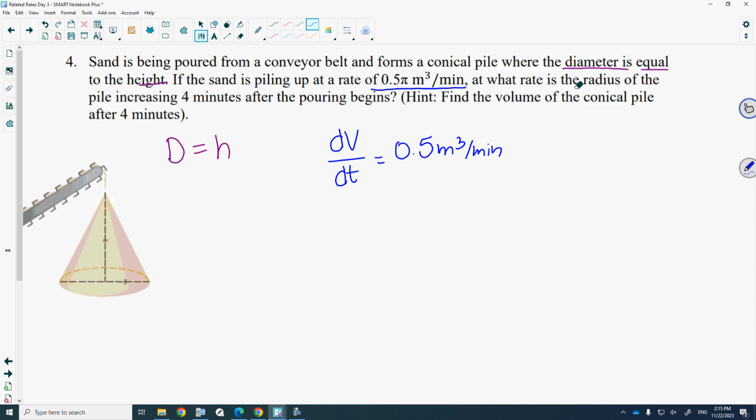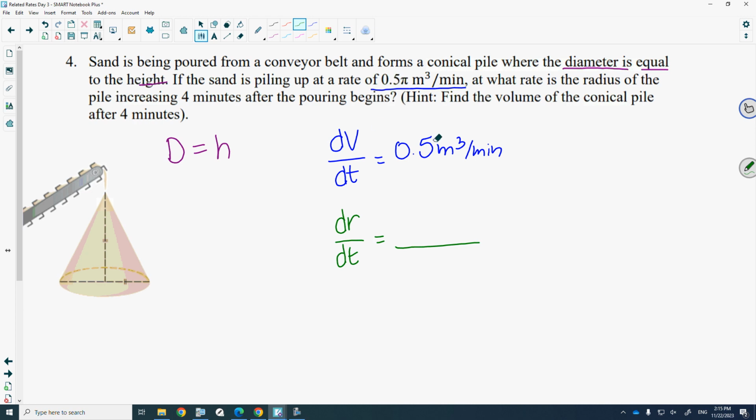At what rate is the radius of the pile increasing? So Shaywa, what would that be? At what rate is the radius? What do they want? Yeah, they want dr/dt. As you drop more and more sand, your radius is going to get bigger and bigger.